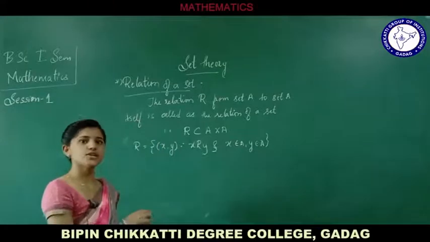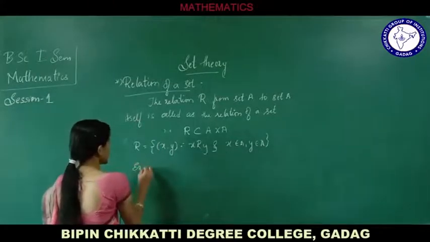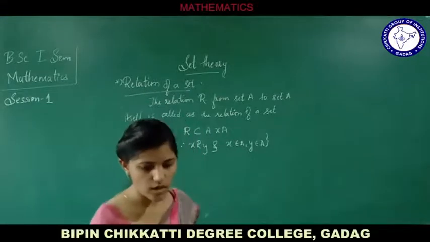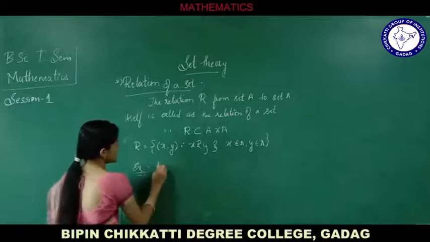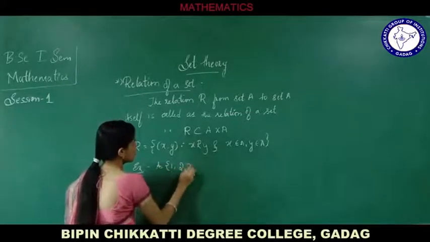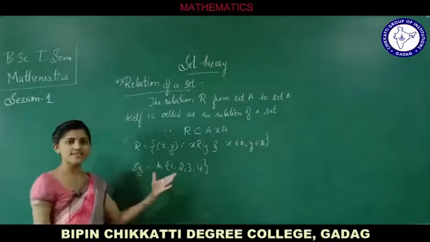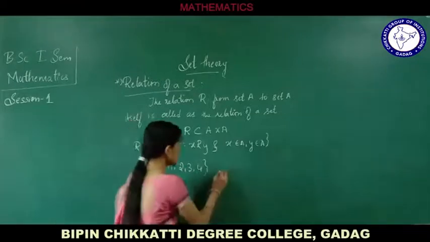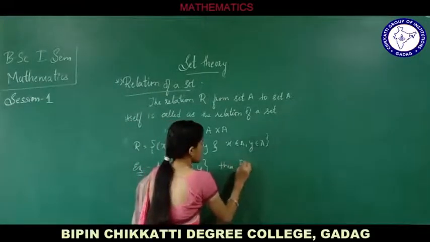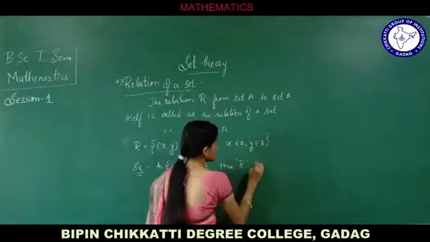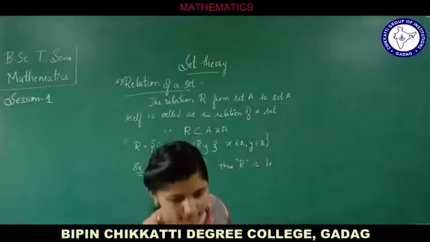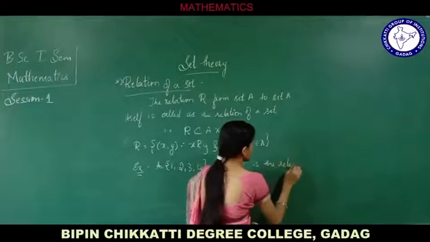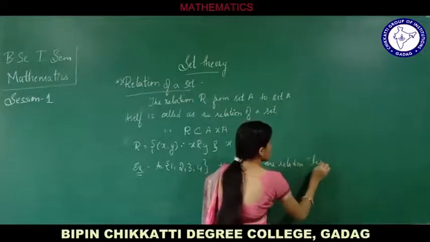Let us consider one numerical example. Consider set A equals 1, 2, 3 and 4. And let us define the relation. Let the relation R be less than.